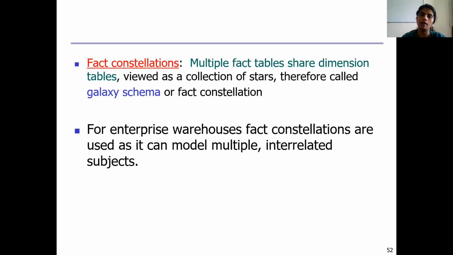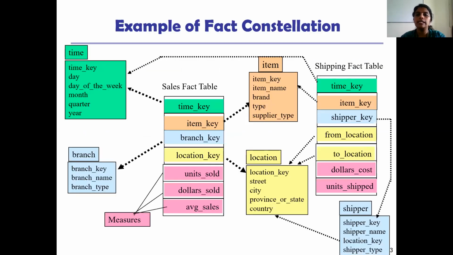Let's see an example of a fact constellation. See here, you have two fact tables. Which are the two fact tables? Sales fact table is one, and the second is the shipping fact table. Now you can see that time, item, and location, these three dimension tables are shared by both the sales fact table and the shipping fact table.